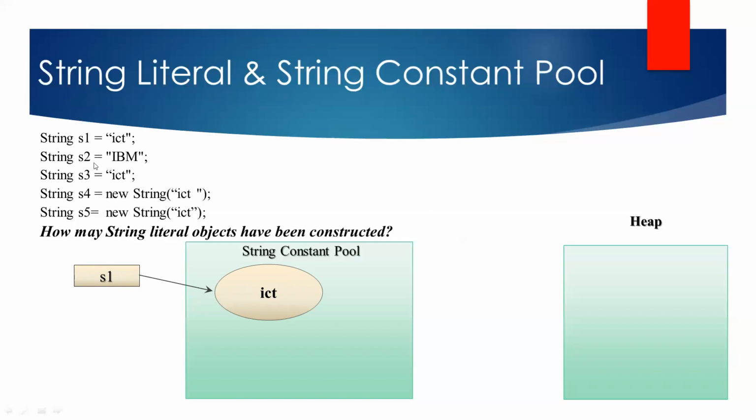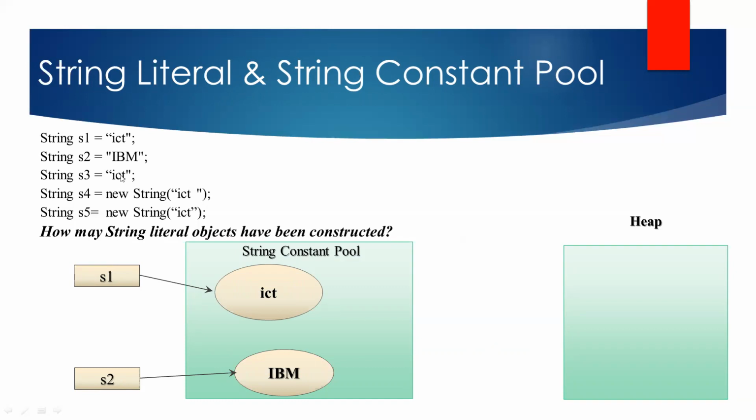S2 is IBM. So the S2 object is created with the help of a string literal, so definitely it will also go into the string constant pool. S3 is ICT again, and we want to create it with the help of a string literal, so this will also go into the string constant pool.